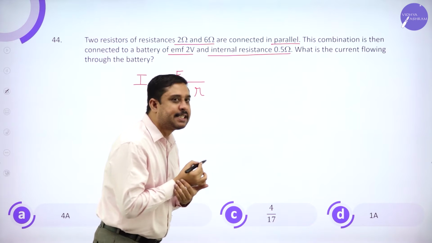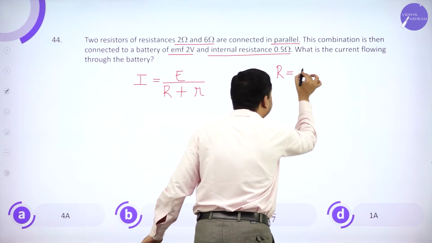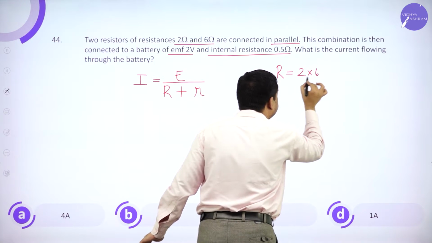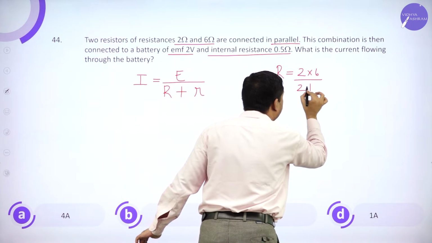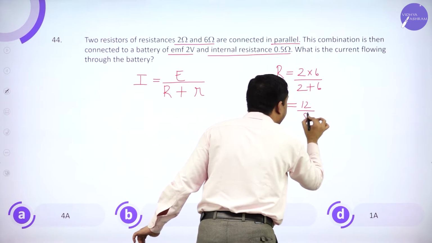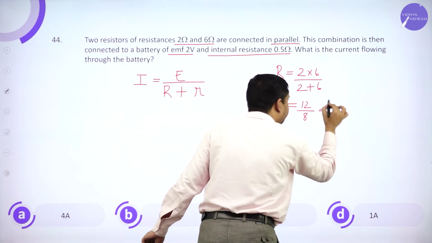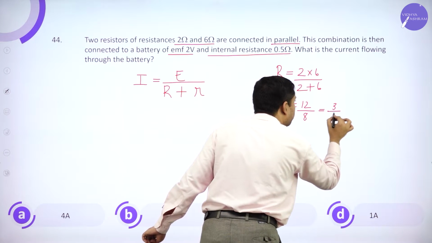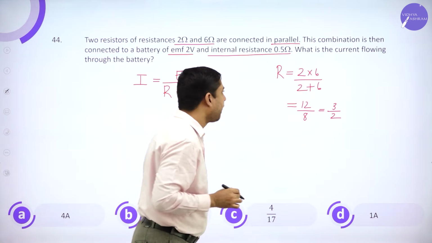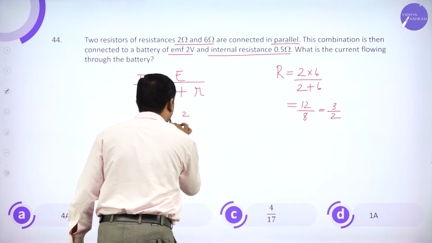Now the two resistors are connected in parallel. So what is the effective resistance? 2 into 6 divided by 2 plus 6, 12 by 8, which is 3 by 2. So if you substitute here, EMF is 2.